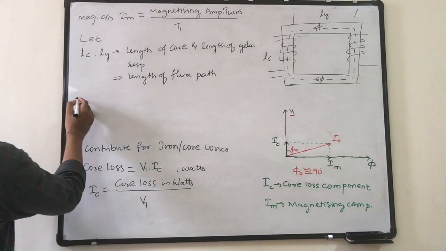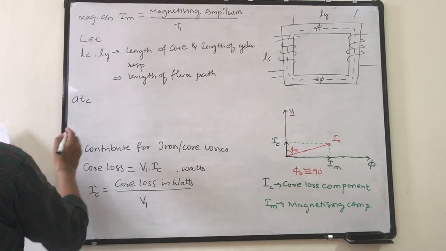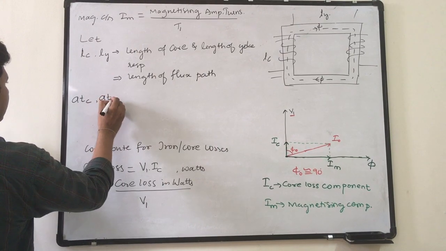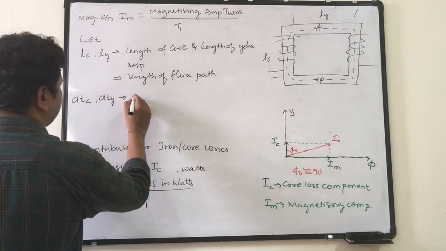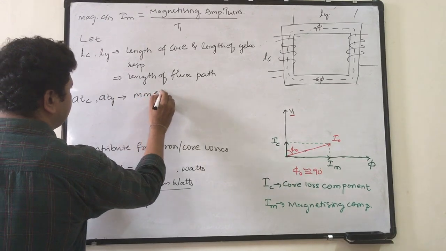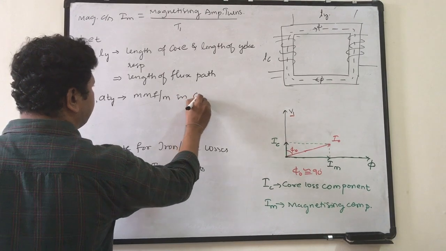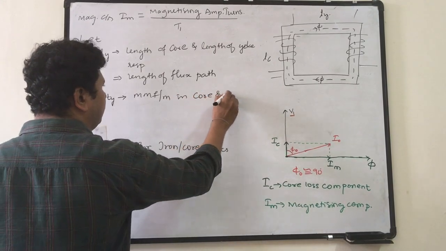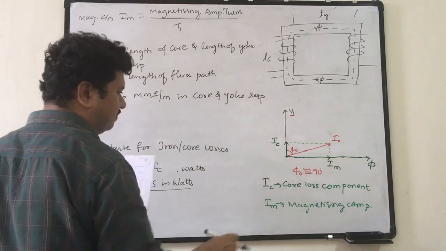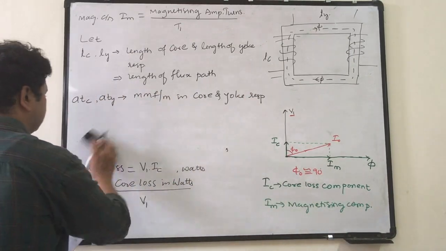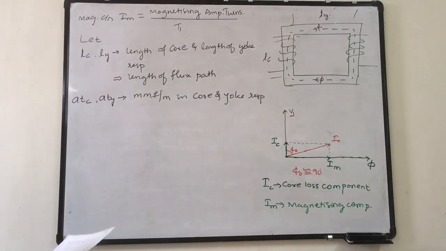Then ATC and ATY be the mmf per meter in core and yoke respectively.